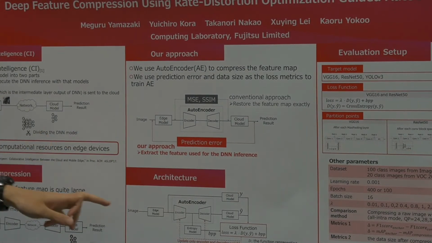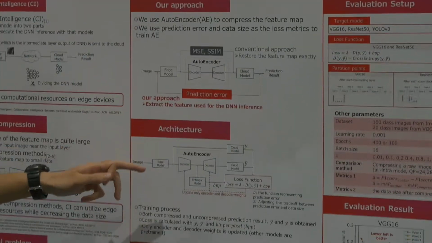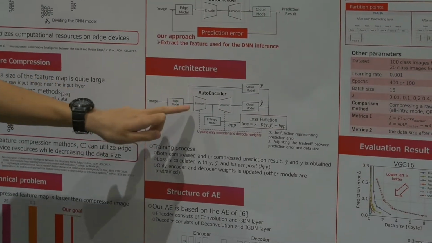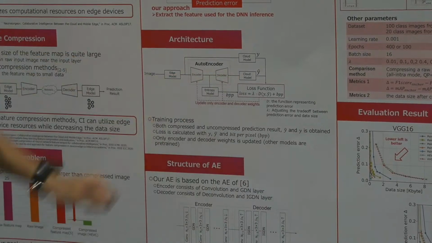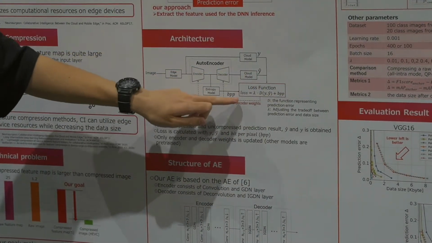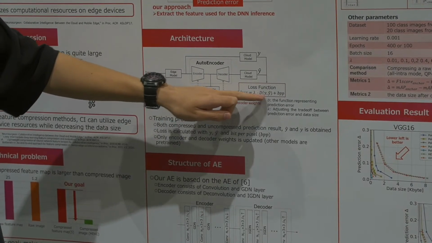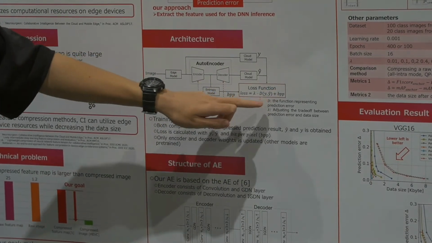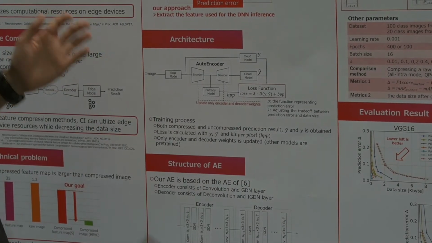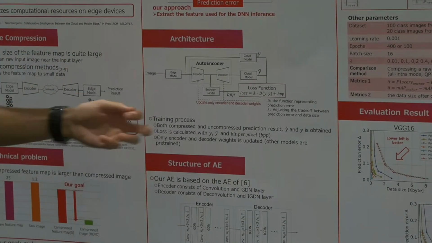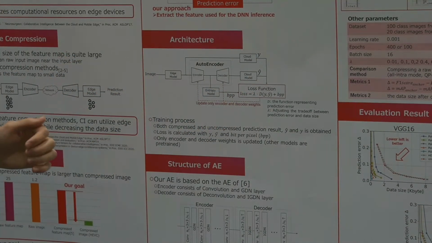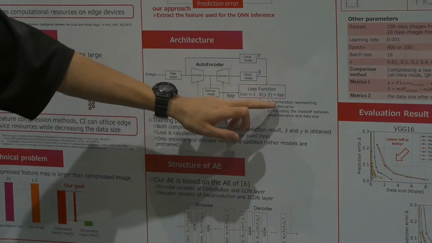Next, this is our proposed method architecture. The autoencoder is inserted between the edge model and the cloud model, and the loss function is like this. The loss is the sum of D and BPP. D is a loss function that represents the prediction error, and we carefully pick this function according to the target model to which our proposed method is applied.